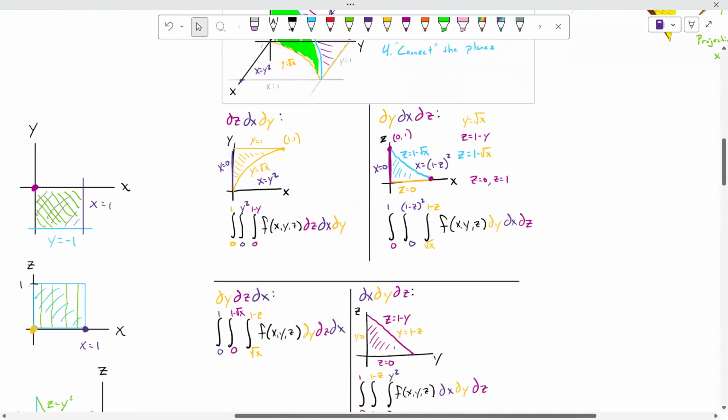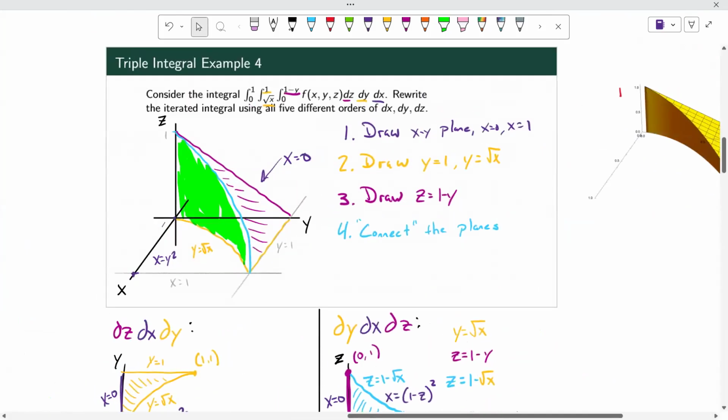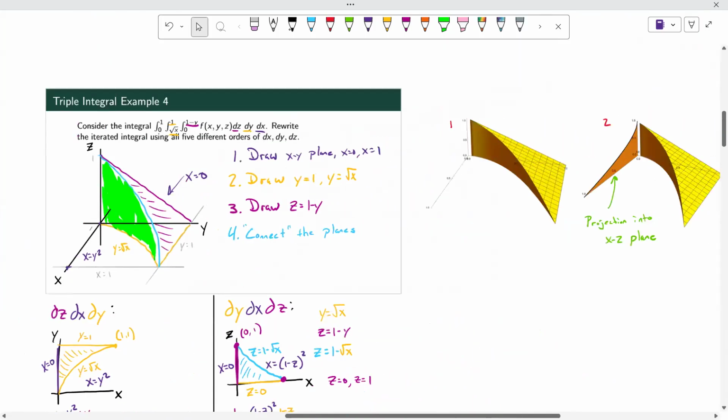But for some additional practice, I included another problem over here of trying to sketch out what they all look like. And I do think that changing this order is a particularly important skill. Hint, hint. So it might be worth looking at this example sometime.